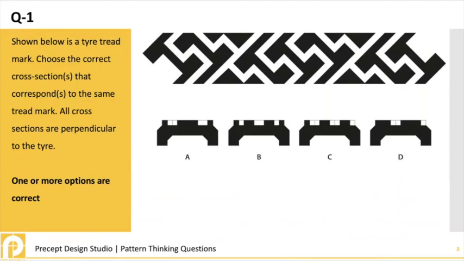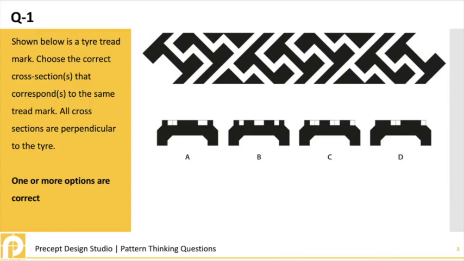Now, when we look at this question at first glance, the mind starts visualizing it in the 3D form of a tire. But actually, these are the tire tread marks that are marked on the floor when the tire is run over it. So that way it is relatively simpler.